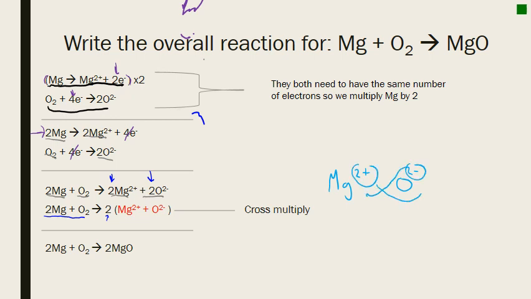So this will give us Mg2O2. When they are the same like this, we just simplify them to MgO. So these cancel out as MgO. So then the equation is finally 2Mg plus O2 goes to 2MgO.